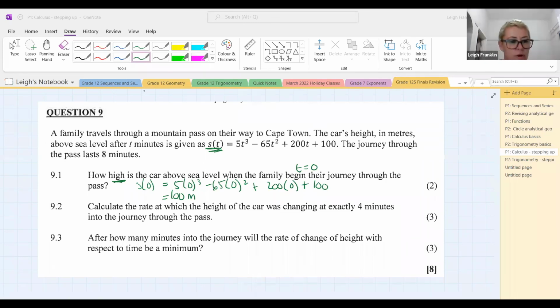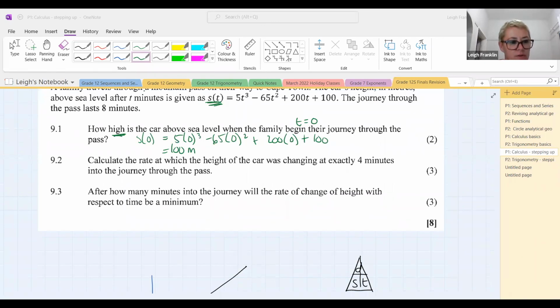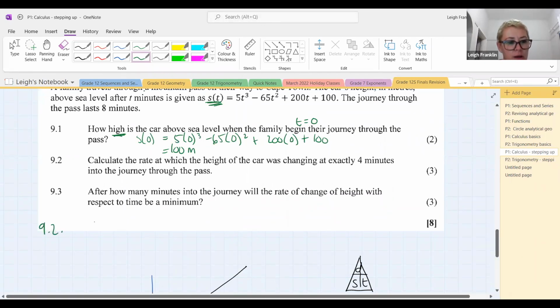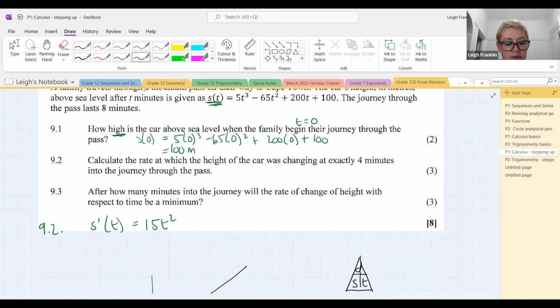So let's work out what the first derivative is. S prime t is going to be equal to 15t squared minus 130t plus 200. And again, they tell us the time at which this was happening.